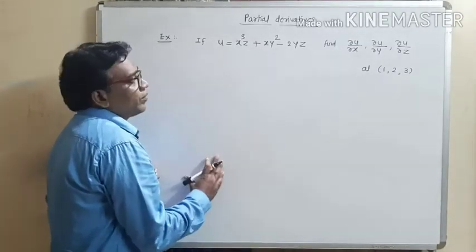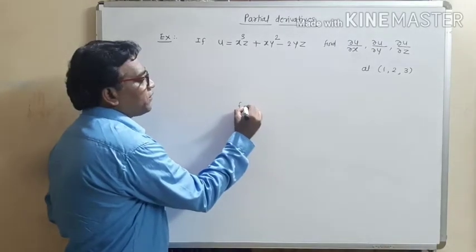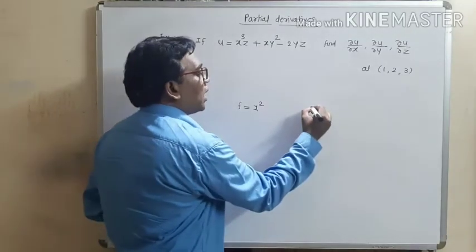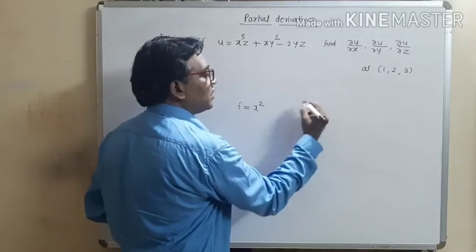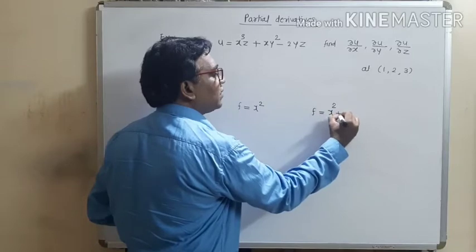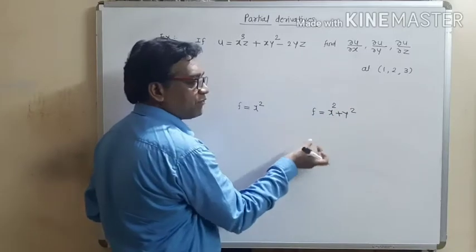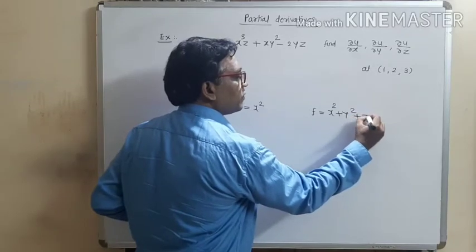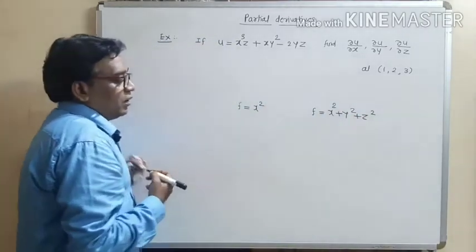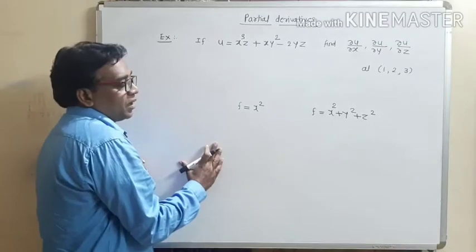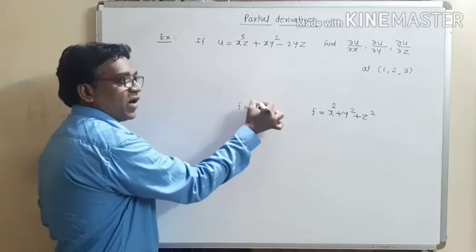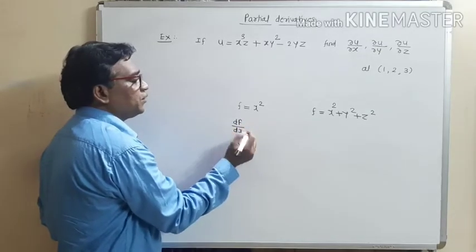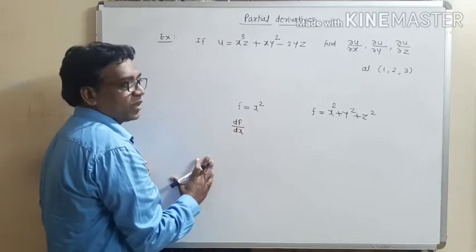Now see, consider the first case, where f contains just one variable, and the second case, where f contains more than one variable. Suppose f contains two variables or suppose three variables. If f contains just one variable, then this is the simple derivative df by dx.